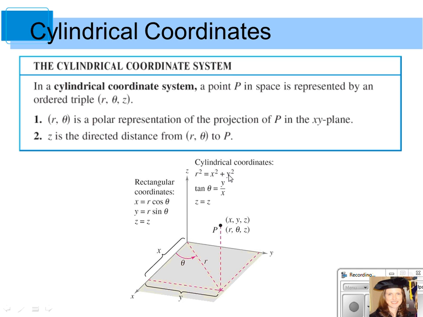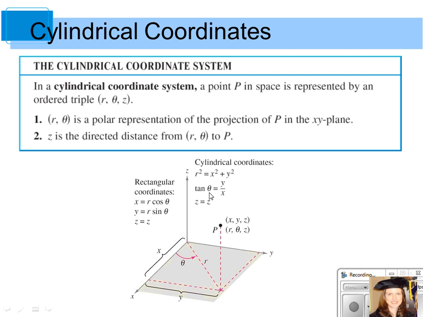If we know x and y, use the first equation, r squared equals x squared plus y squared, to find r. To find the angle theta, the tangent of theta is the opposite over the adjacent. Tangent theta is equal to y over x. And then the conversion for z is simply z.